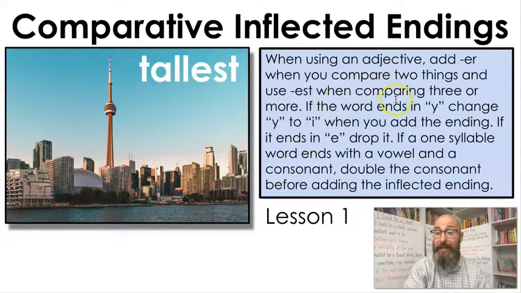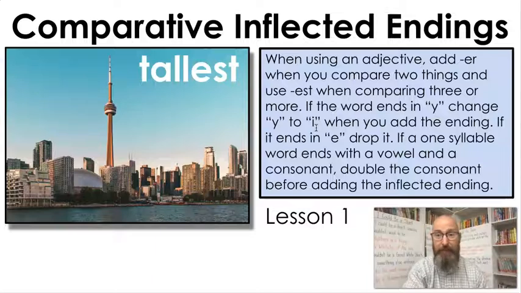But if the word ends in Y, like busy, I'm going to change that Y to an I when I add the ER or the EST. If it ends in an E, like brave, I'm going to drop that E and then I'll put the ER or the EST.